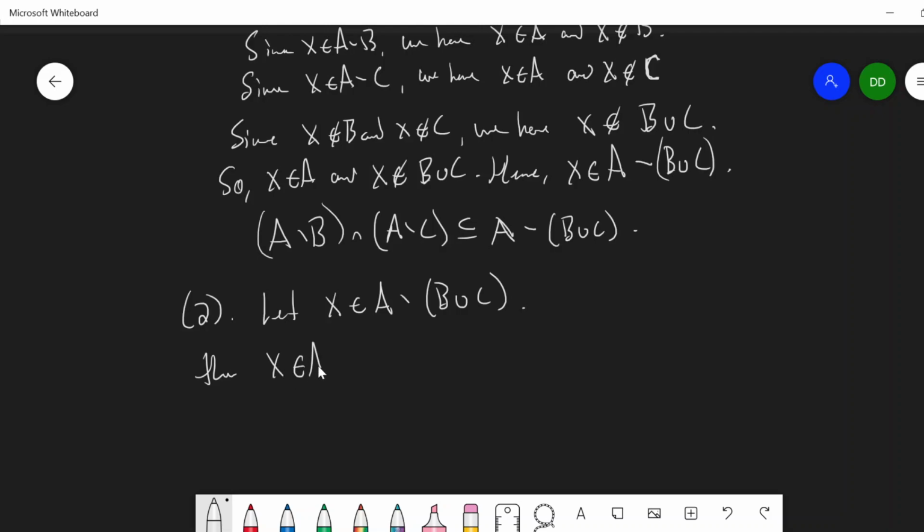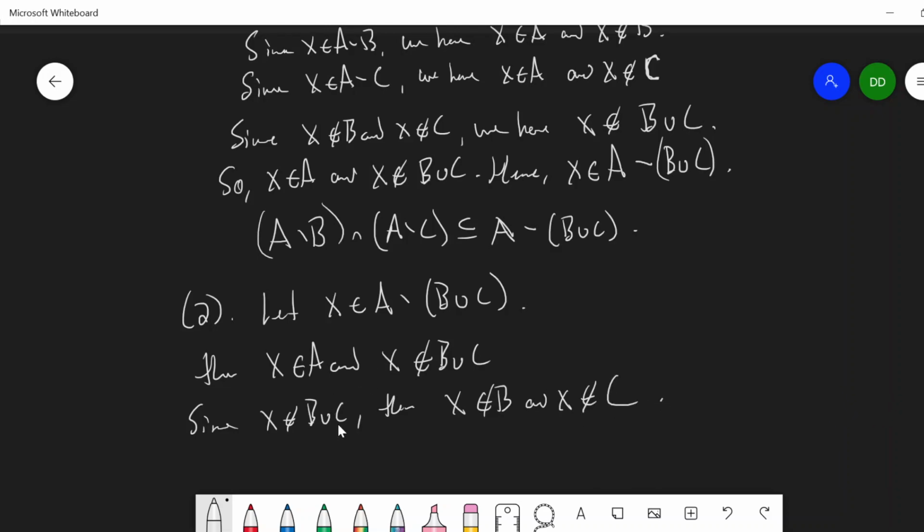This means that x is in A and x is not in B union C. So since x is not in B union C, then x is not in B, and x is not in C. That's what it means to not be in B union C.